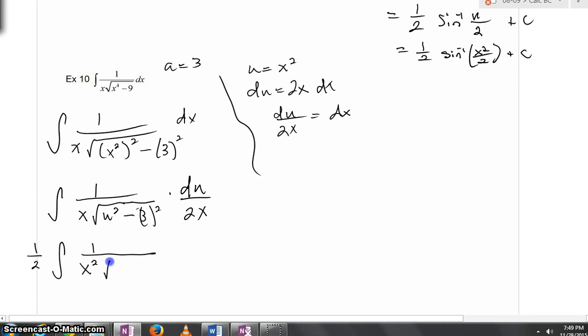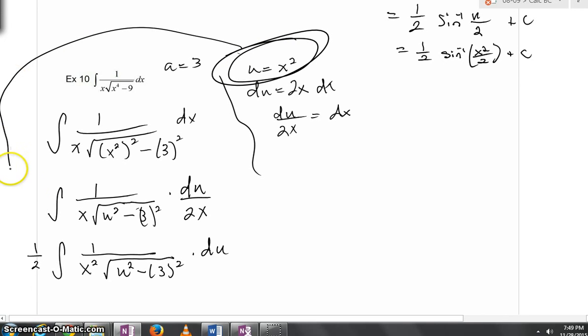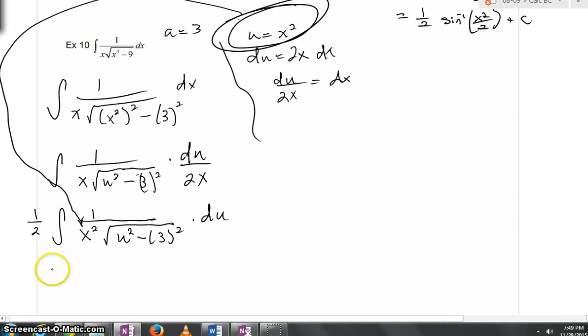In fact, they become x squared. And what is painstakingly obvious at present is we have more than one variable inside of our integral. And this can be very, very upsetting, but I want to point out to you that really x squared, as we substituted in the very beginning, was really just what we called u.